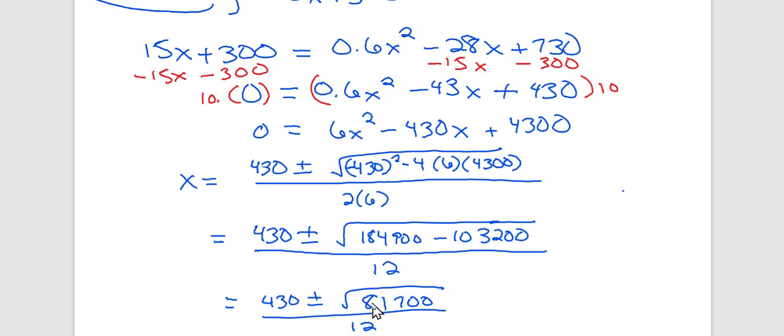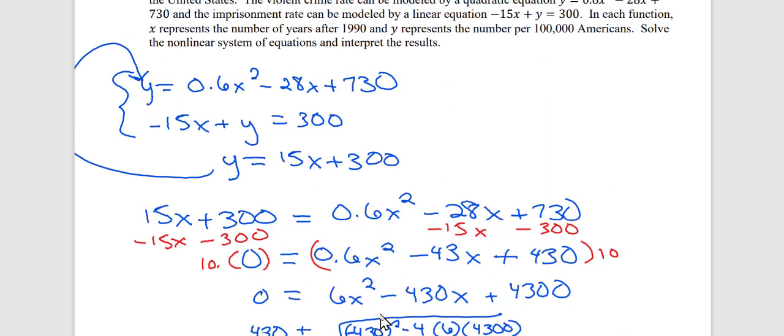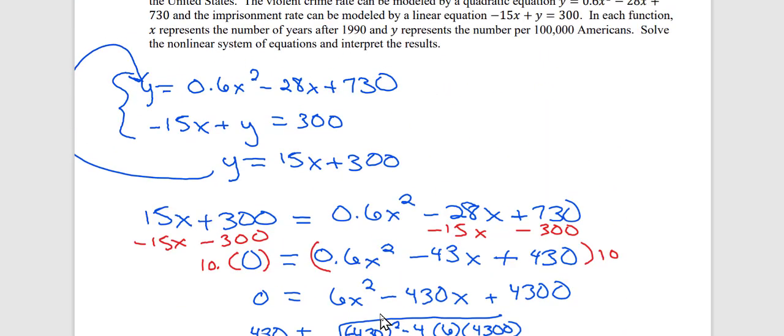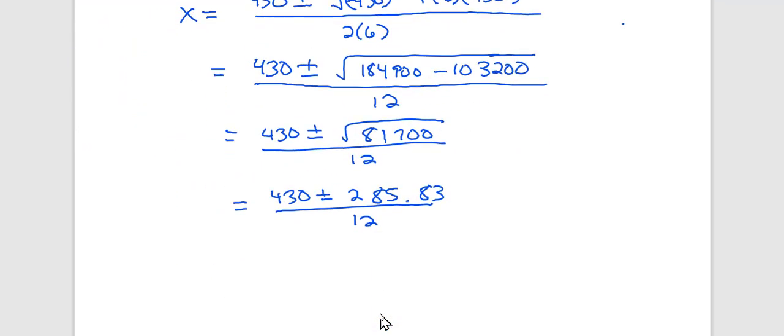I'm going to go ahead and approximate this because we're talking about real life data. So the square root gives 285.83, all over 12. What is the question here? Solve the nonlinear system of equations and interpret the results. Let's go ahead and find these two values.